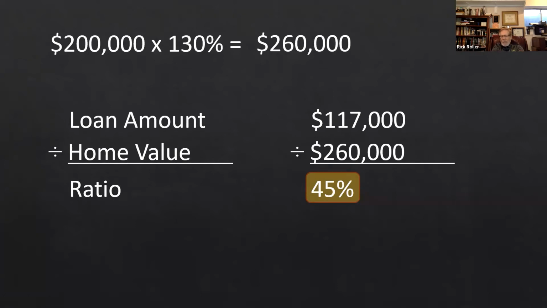See, if it was a 50% loan to value, it would be $130,000 to $260,000 worth of value. So that's about right, isn't it? I mean, 117 is less than half of the 260. So it's about a 45% loan to value, which we look on our answer sheet, and that's answer A, and life is sweet. And we go to the next problem.